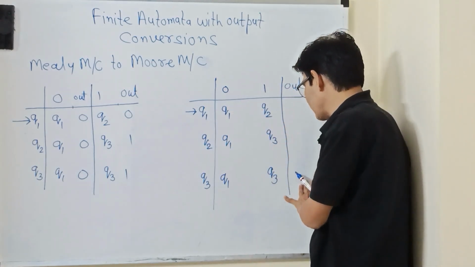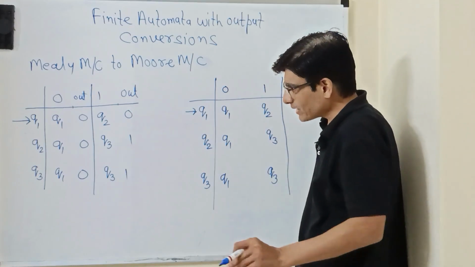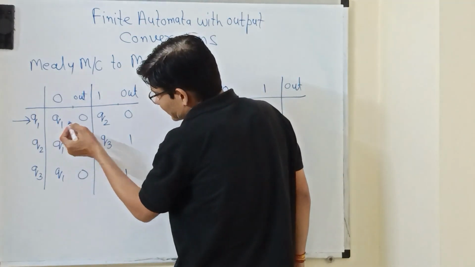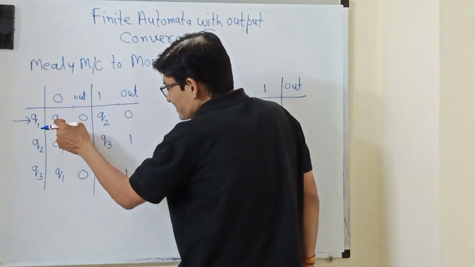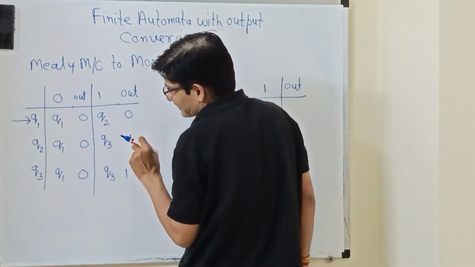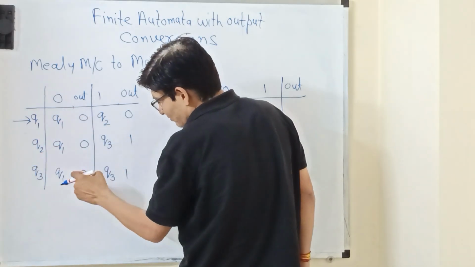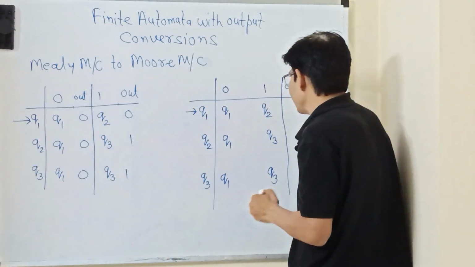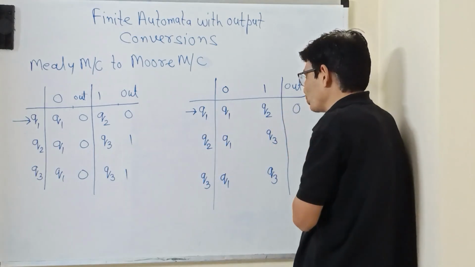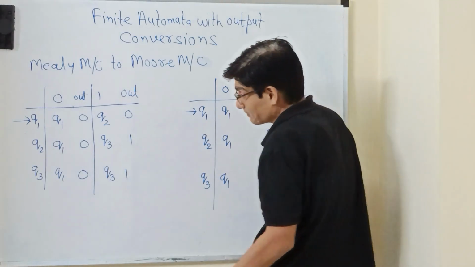Now we have to attach the output symbol with each state. As you have already checked, with each state only one symbol is associated. With Q1, always 0 is associated, so I can simply write 0 as output with this state.